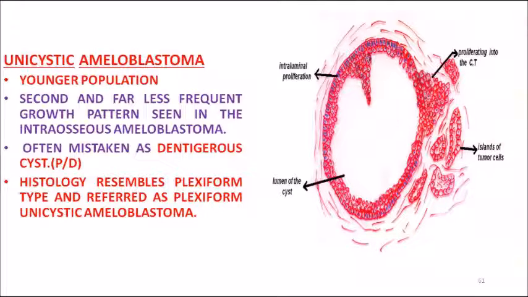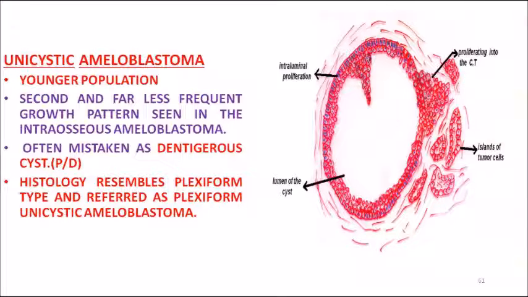It is mainly seen in the younger population, and most of the times it is mistaken as dentigerous cyst. In the provisional diagnosis, if you see the radiograph, the clinicians mostly make the mistake of calling it a dentigerous cyst. Okay, but histologically it will resemble the plexiform type of ameloblastoma.